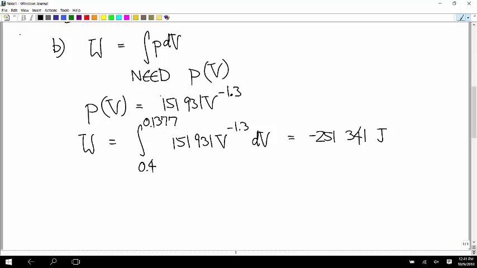Okay, so this is going to keep coming up in future sections that we talk about. If you're trying to calculate work done by the gas as an integral of P dV, whatever relationship you have between P and V, you need to separate P as a function of V, then integrate it.